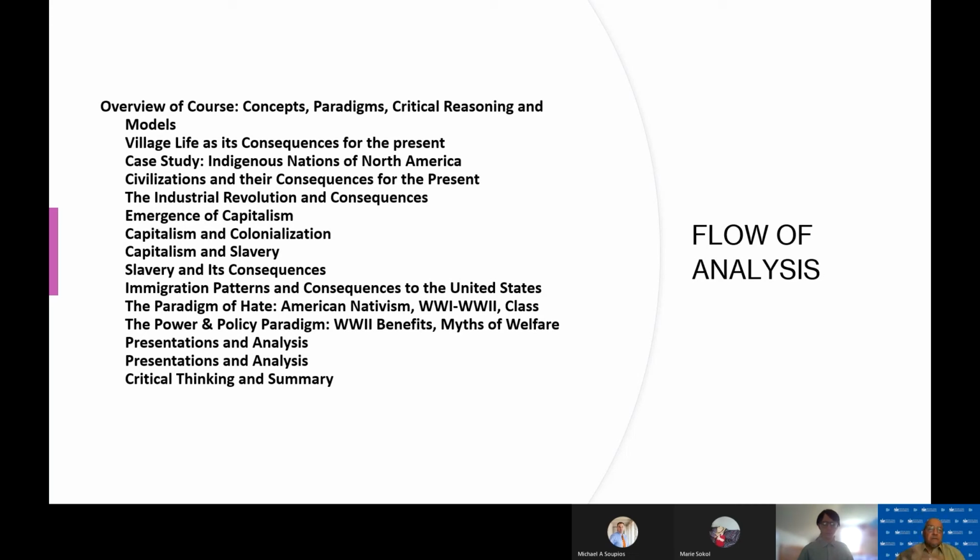We take a look also broadly at other civilizational patterns, between Western civilization, coming on the heels of understanding the great Asian civilizations, Arabic civilizations, Islamic civilizations, African civilizations, and so forth. We look at then the impact of the Industrial Revolution, the emergence of capitalism, capitalism and colonialism, and how that has impacted class structures throughout the emergence of the modern world.